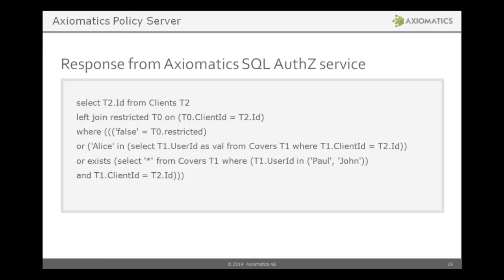If you give Bob instead of Alice, then the subordinate list of that particular user will be listed, and the query will contain those users, not Paul and John. So the fifth line says that if the user covering that particular client is in the list of Paul and John, then gather those client IDs, and it will list the IDs as an output.